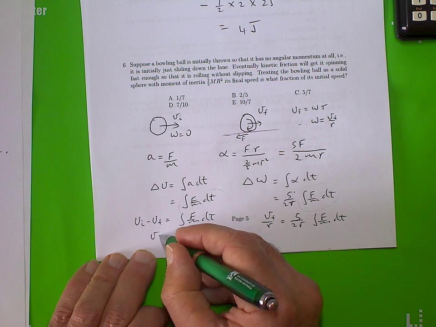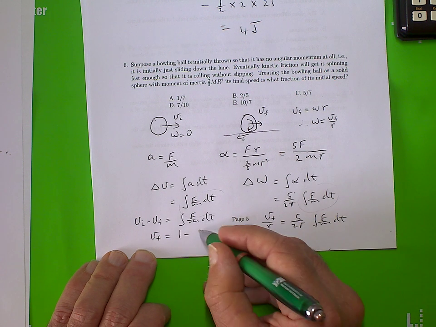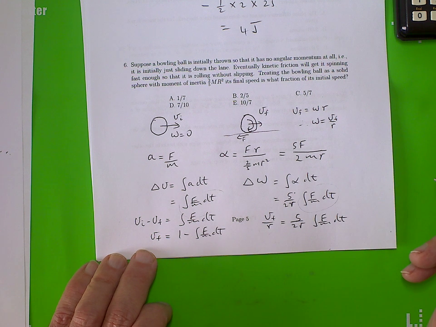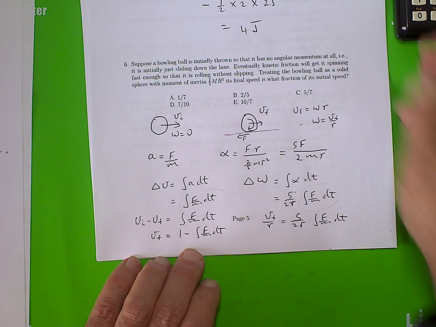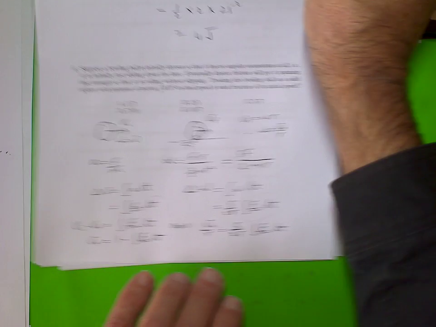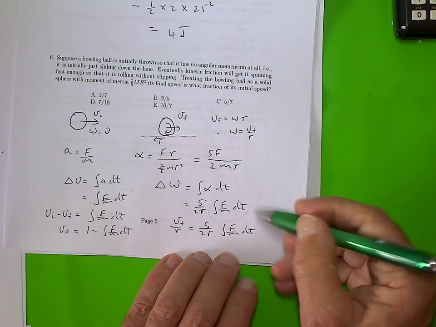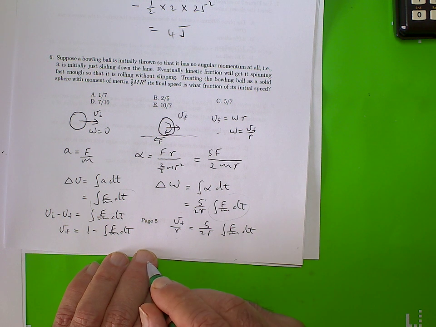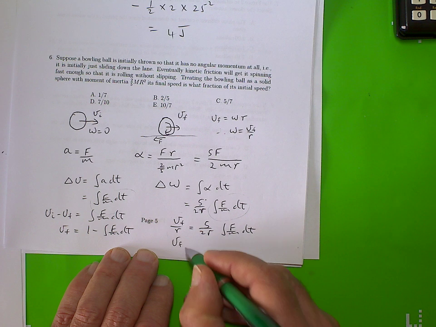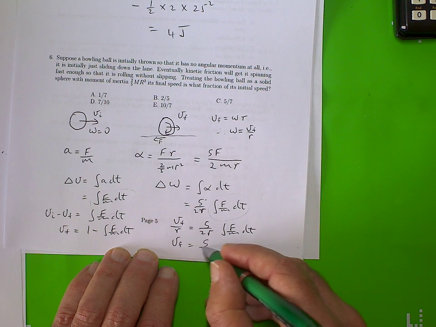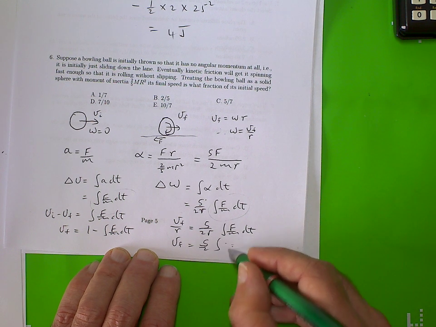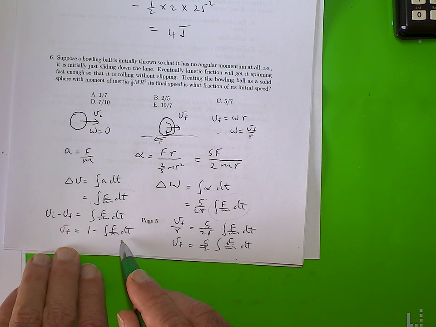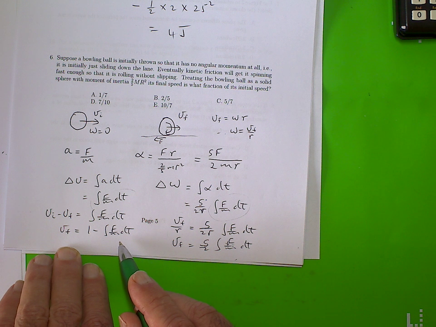So vf is equal to 1 minus the integral of f over m dt. This is messy because I'm running out of space. So here we have Vf is equal to 5 over 2 the integral of f over m dt, and here we have Vf equals 1 minus that, and these two are the same.